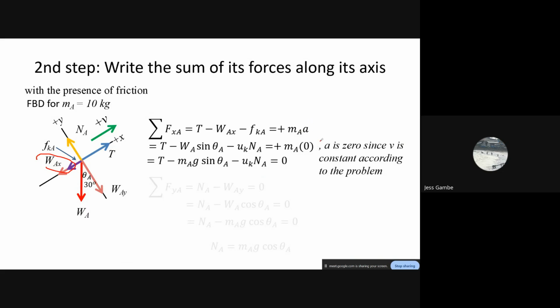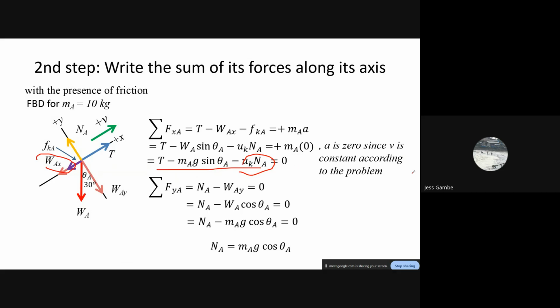Again, the right-hand side is still zero because the speed of the block is constant. So you are left with a longer expression because of the addition of friction. Next is your Fy for A. Essentially the same, since friction only acts along the x-axis, along the surface. So you have NA equal to MAG cosine theta.